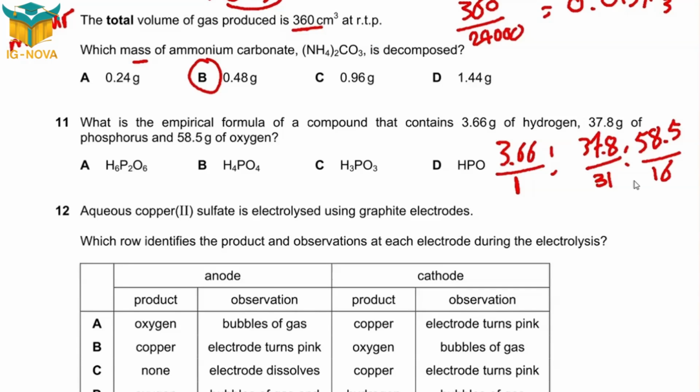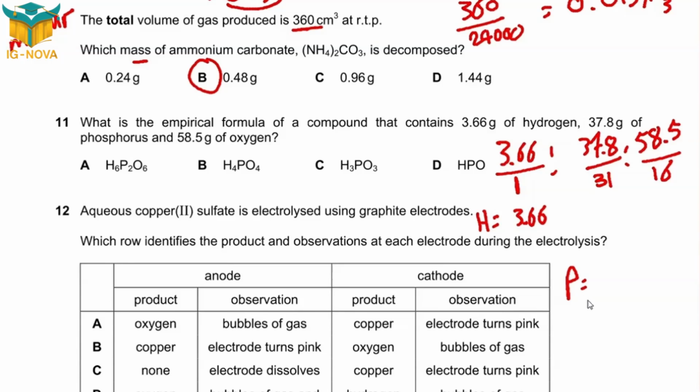Don't forget for oxygen, you might say O2, but here we count atoms, not molecules, because this is a compound. Each species is represented as it is, hydrogen as hydrogen, phosphorus as phosphorus. So easy math. Hydrogen will be 3.66, and for phosphorus 37.8.